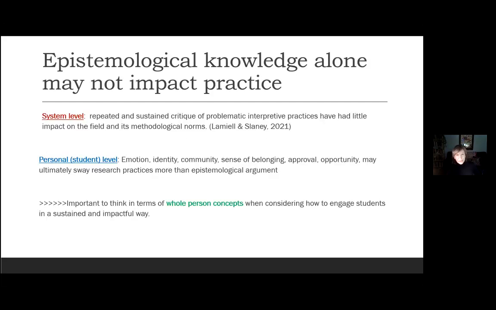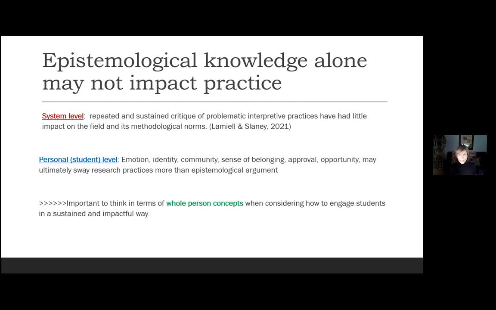And then I think we also need to acknowledge that just having the exposure to the theories is not in itself likely to impact practice. We know this at both a system level and at an individual level, the level of the student.